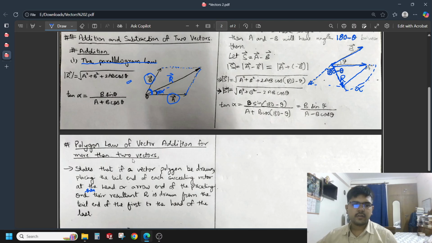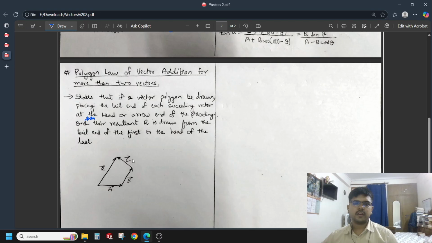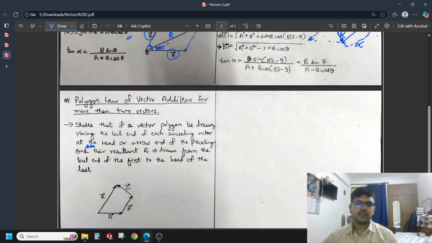Now we move on to the polygon law of vector addition for more than two vectors.